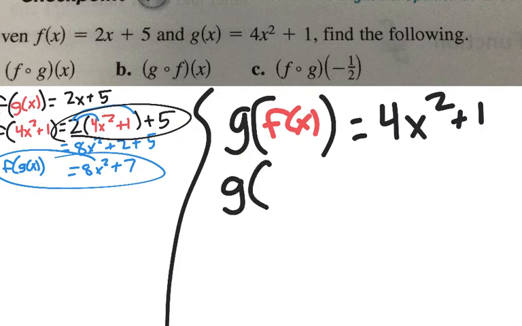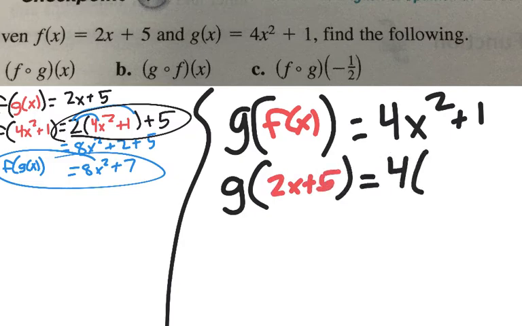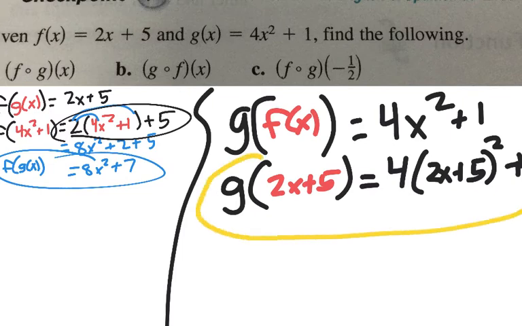But now I'm going to be plugging in f of x, which is 2x plus 5. So that's going to be 4 times 2x plus 5 squared plus 1. And I'm just going to leave that. Again, we could write 2x plus 5 times 2x plus 5, distribute, then distribute the 4. But don't have to, so I'm not going to.